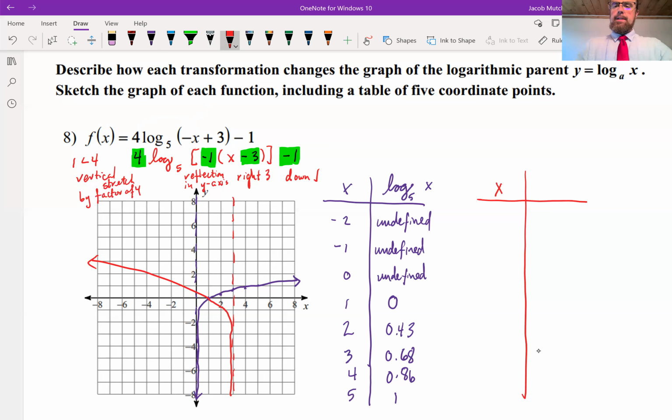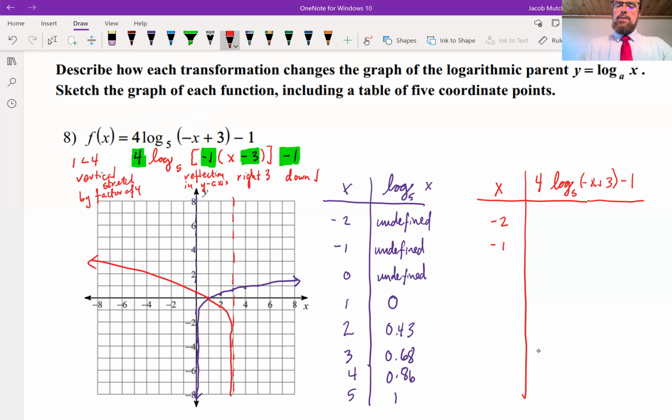We'll put x and then the transformed equation, 4 times log base 5 of negative x plus 3, minus 1. And I think that we should be good to go with a domain of negative 2 through positive.